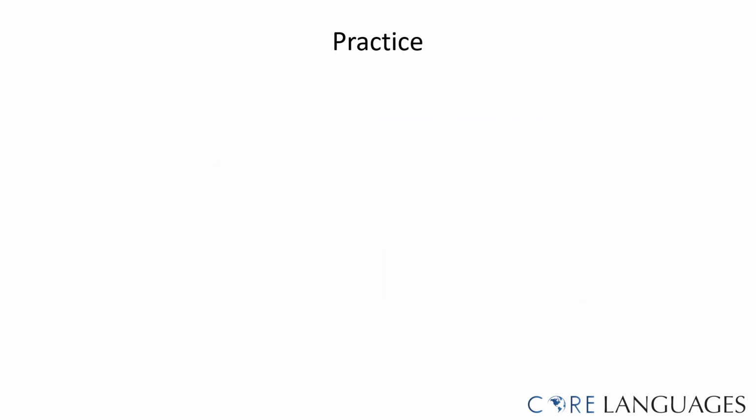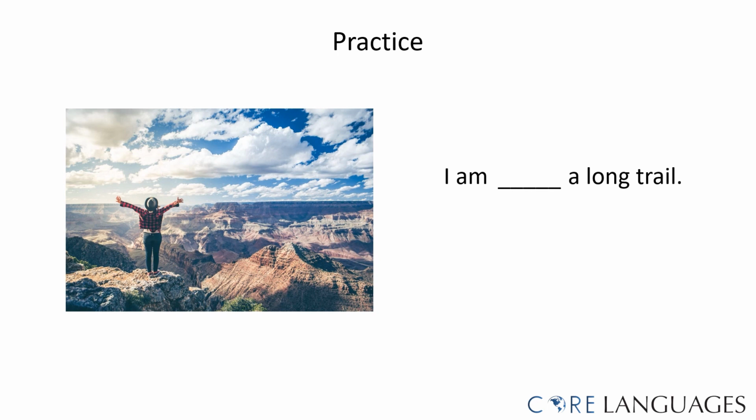And how about this example? I am hike a long trail, or I am hiking a long trail. The word am already indicates that we need to use the present participle, hiking. I am hiking a long trail.